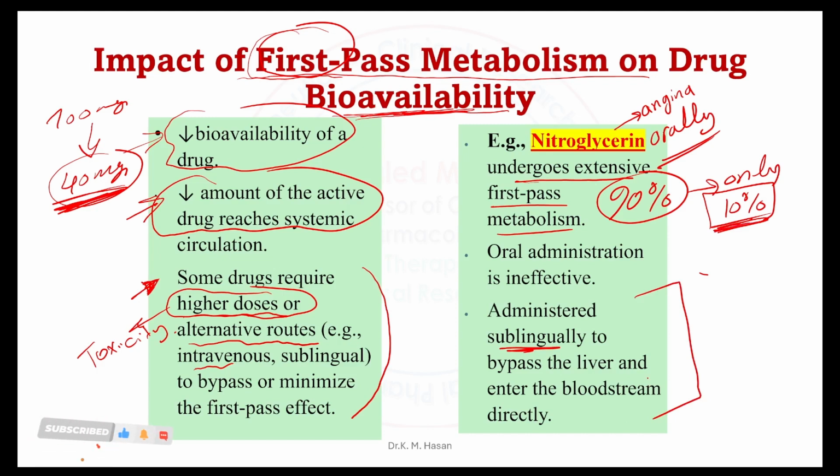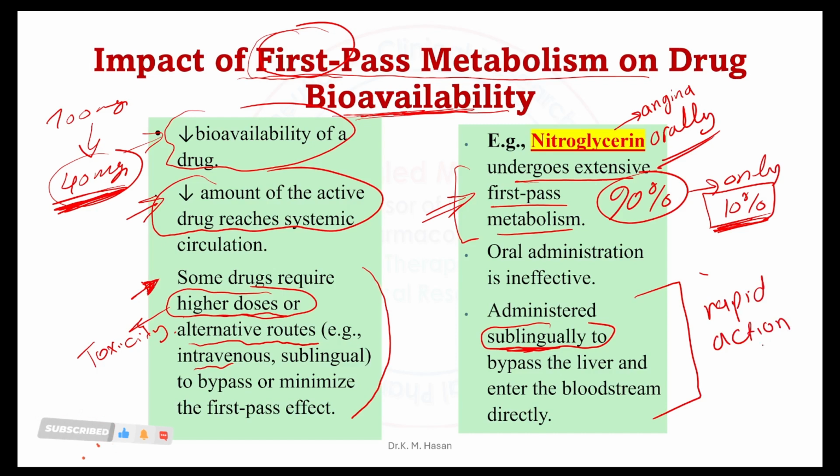So the question now: what is the purpose of prescribing nitroglycerin sublingually instead of orally? We have two main purposes. Number one, to avoid extensive first pass metabolism. Number two, to achieve something called rapid action.